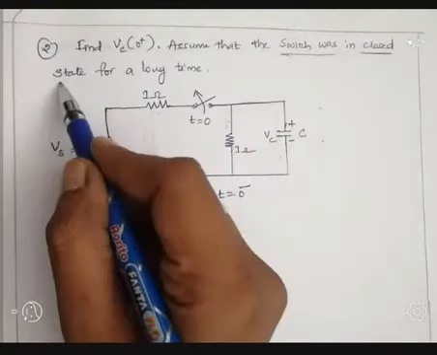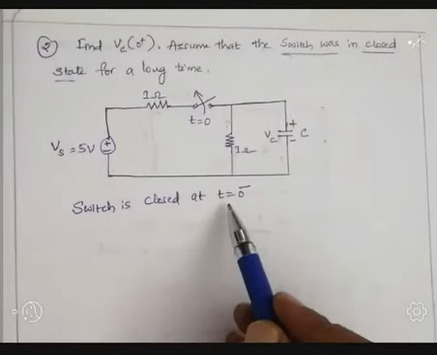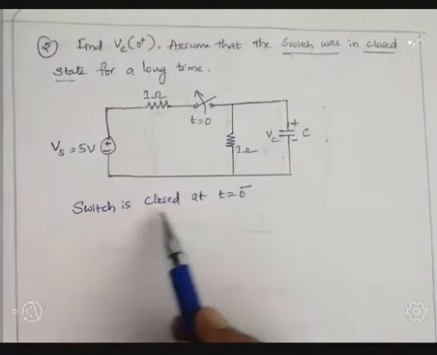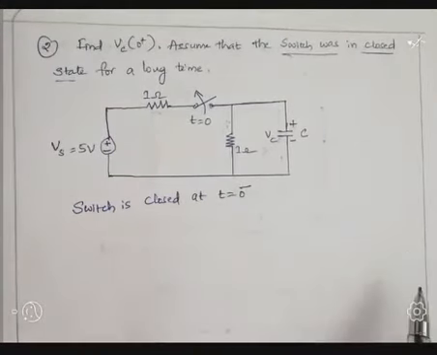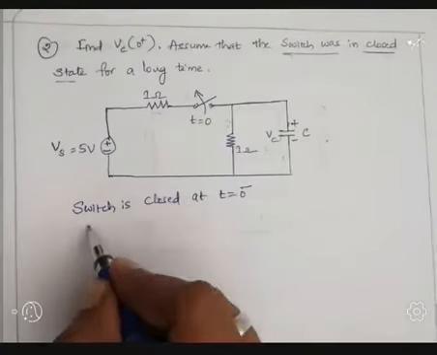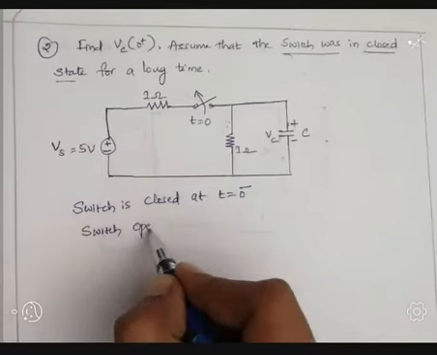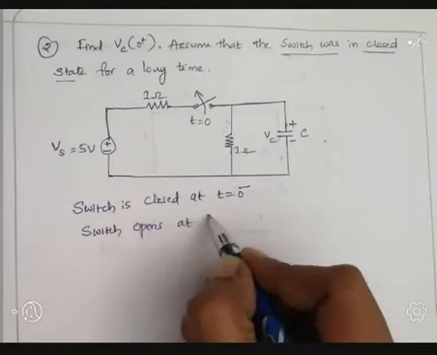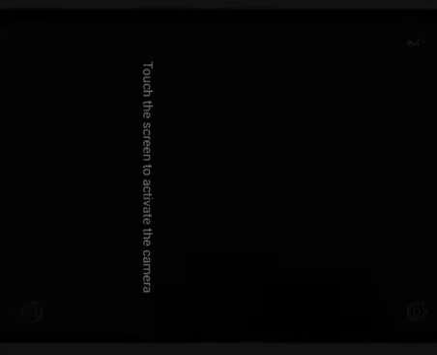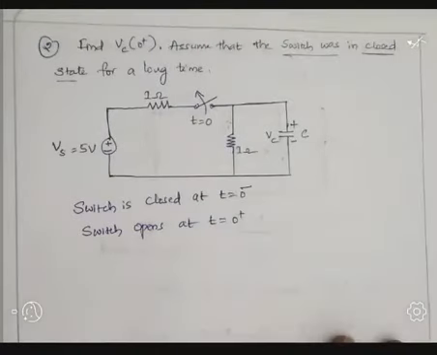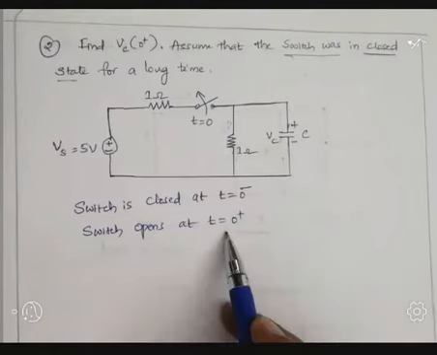Long time means the initial condition is given: the switch is closed at t equal to 0 minus. Then the switch opens at t equal to 0 plus.